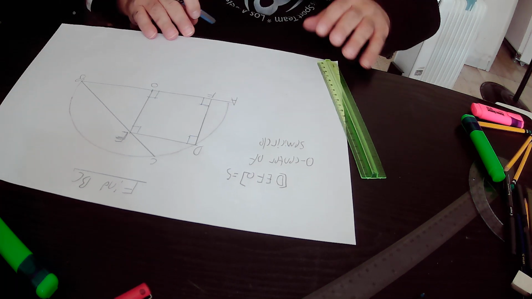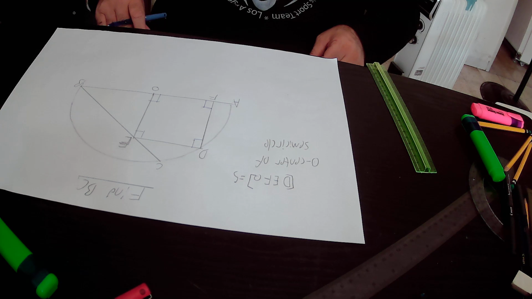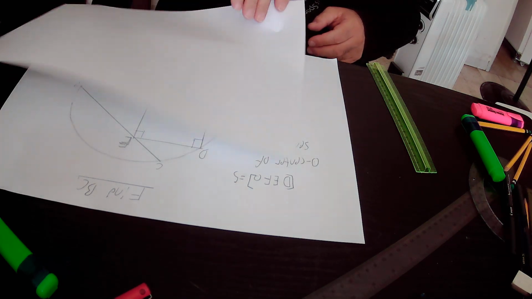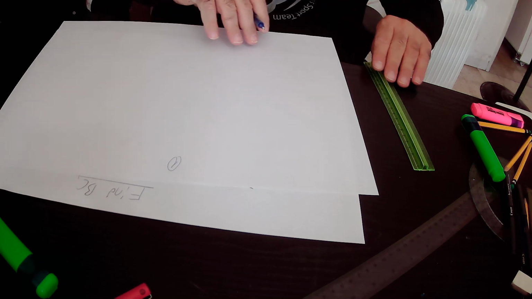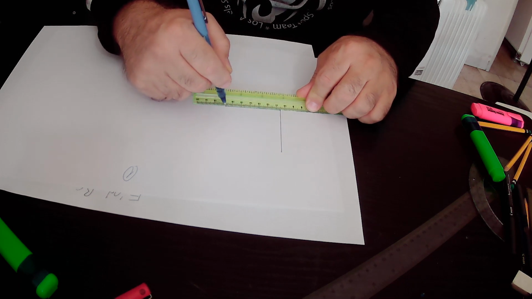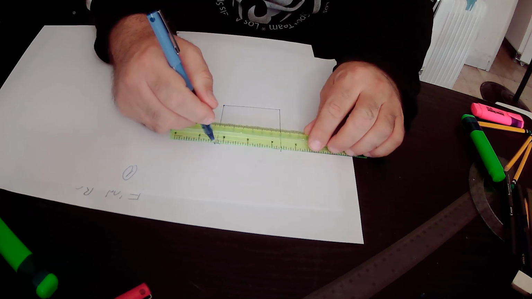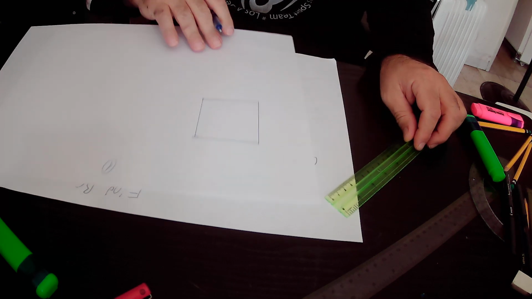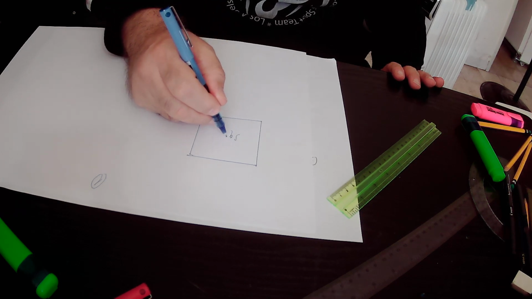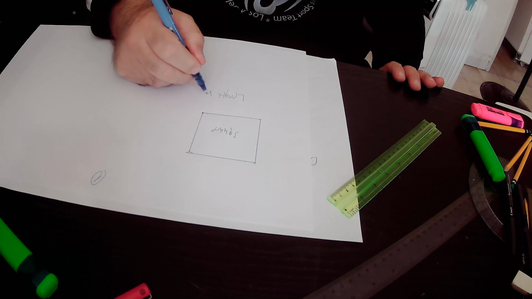And we know that the area of any square, this is a square, equals the length of the square times the width.